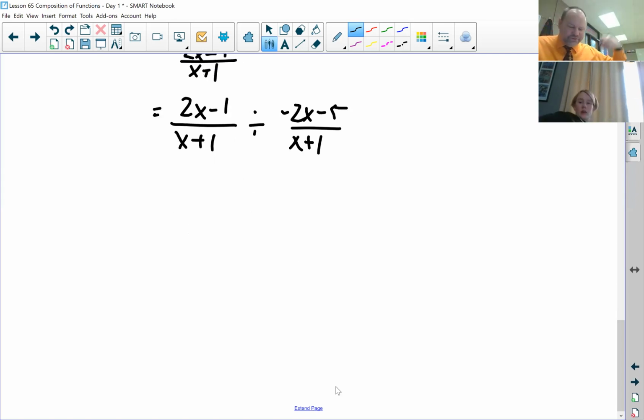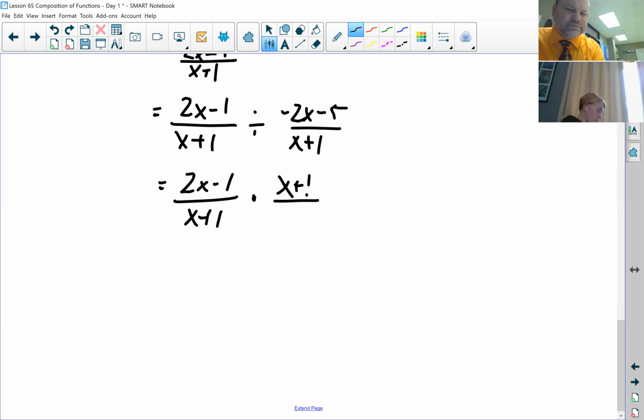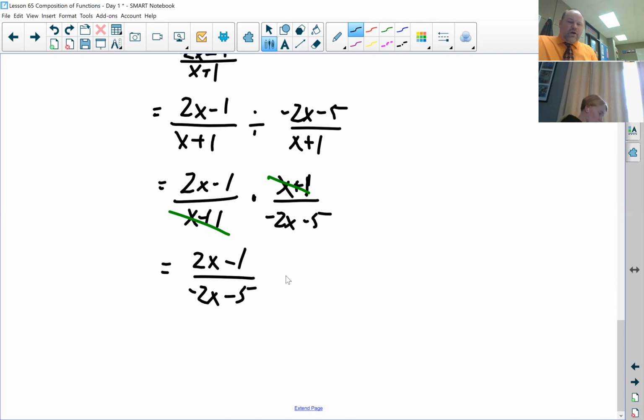And then we can use our rules for division of fractions. And we have that common factor of x plus 1 that cancels out. Whew.